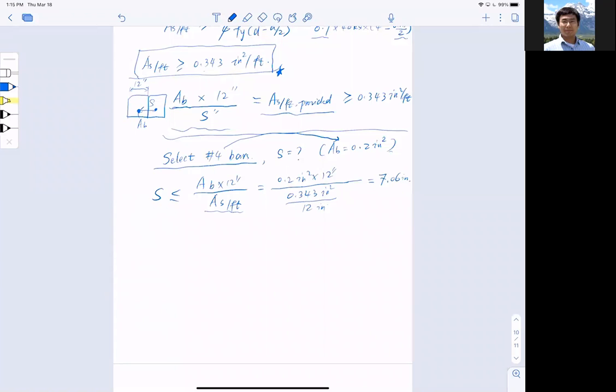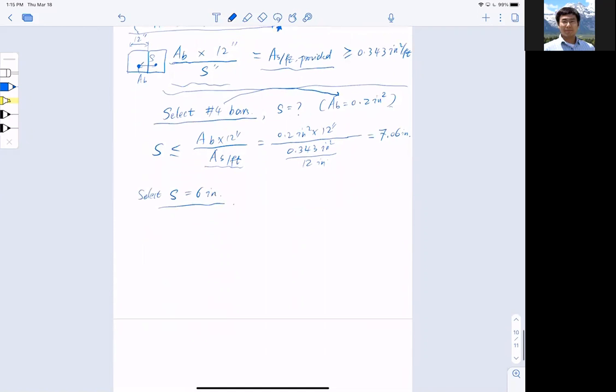So now I say S has to be smaller than 7 inches. So select S equal to 6 inch. I want to be denser than that. Given this, As per foot provided equals Ab multiplied by 12 divided by 6, which is the spacing. So that gives me 0.2 times 12 divided by 6, which is 0.4 inch squared per foot, and that is provided.